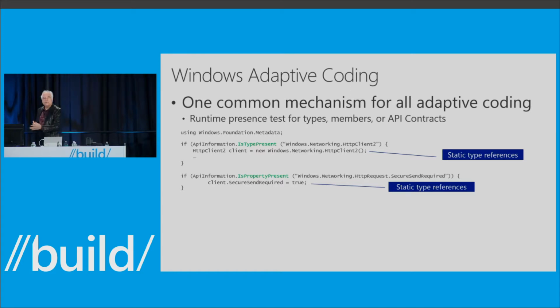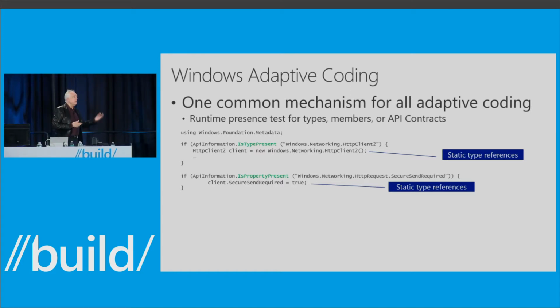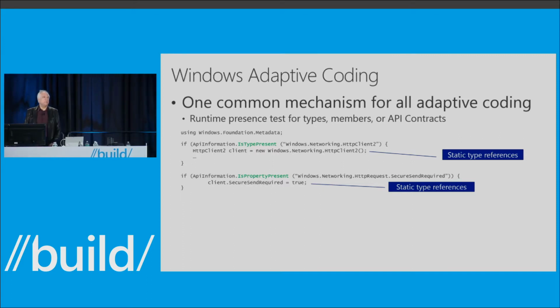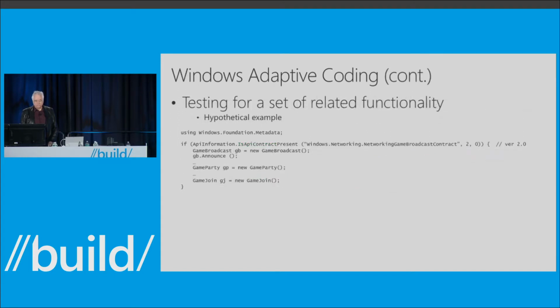But with the new tooling, with the new Visual Studio, with the new API contract support, basically you put an if check to say, okay, don't execute that code if it's not supported by the system, but otherwise I can just use all the static references just like it was an API always available. I think that's pretty cool. It took a hell of a lot of engineering to let me put up that one slide, but we accomplished it.